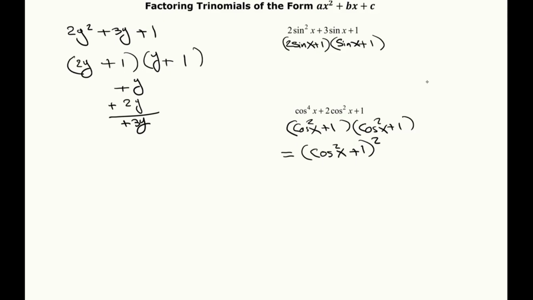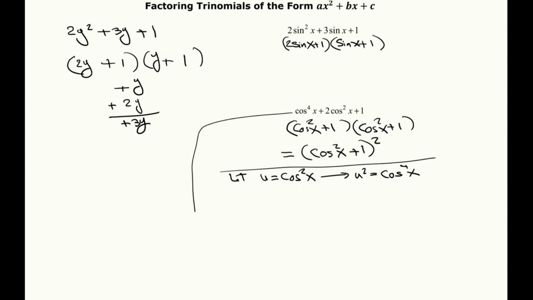Now the substitution method works like this. So you let u, for example, equal cosine squared x. So that is going to imply that u squared equals cosine to the fourth of x. So we can rewrite the expression now as, instead of cosine to the fourth x, we can put u squared plus, instead of 2 cosine squared x, we can put 2u, because cosine squared x is u.